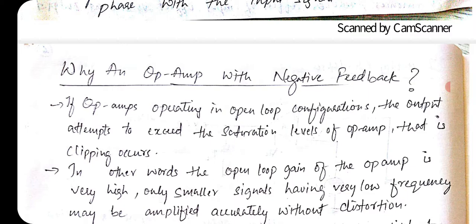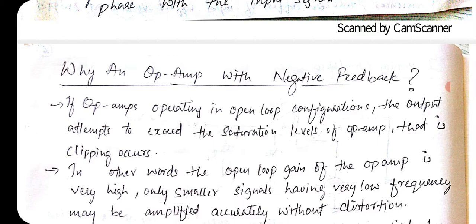As we know, the open loop gain of an op amp is very high, and if we use positive feedback, our gain will increase further, and we don't want this. Why we don't want this? The description is written here. Whereas negative feedback will reduce your gain and stabilize it.